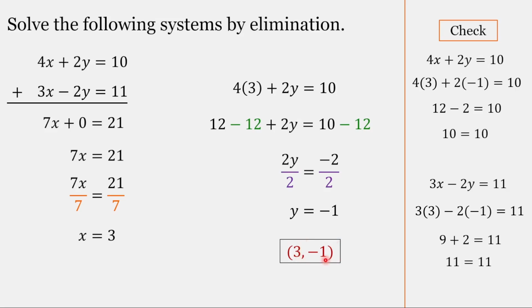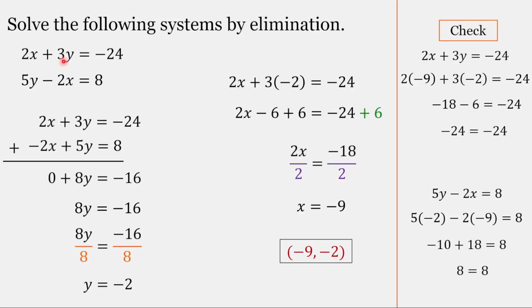With this second problem, the first equation is in standard form, but in the second equation, our y variable term is first. So the first step was to rewrite this second equation as -2x + 5y = 8. Then we're going to add these two equations.